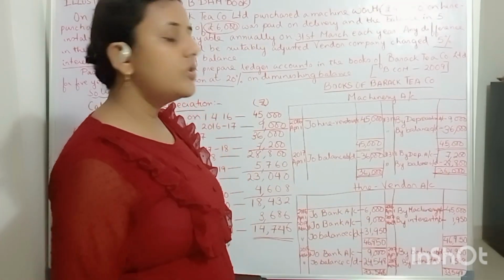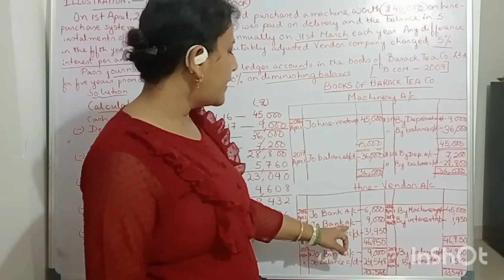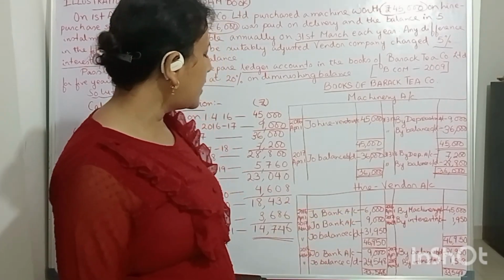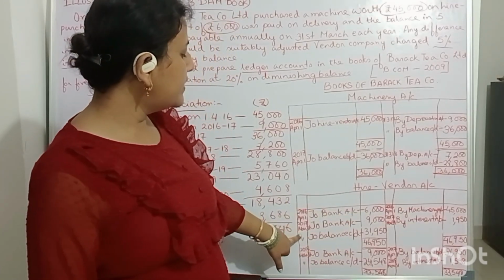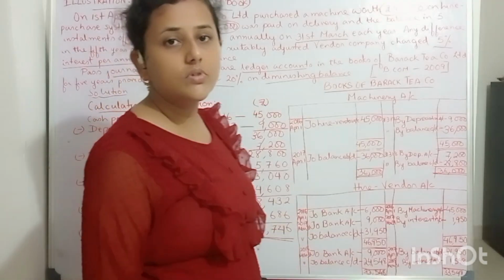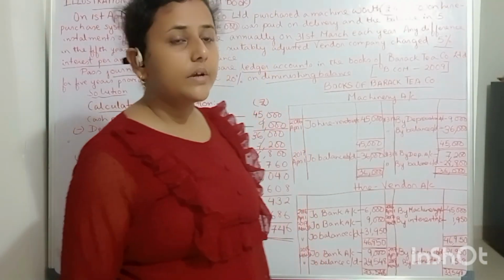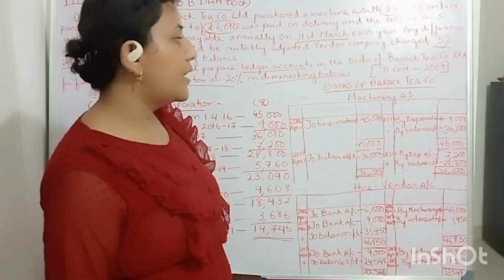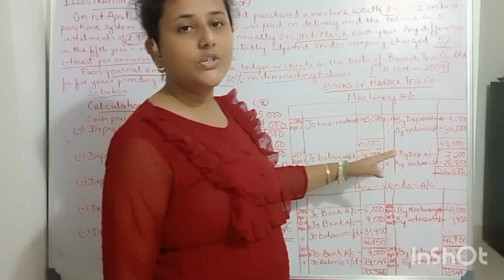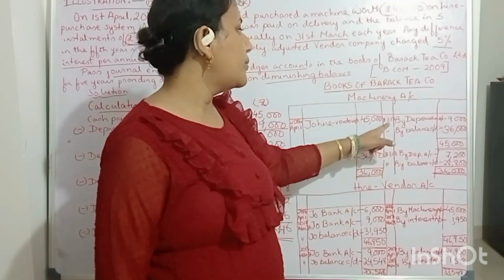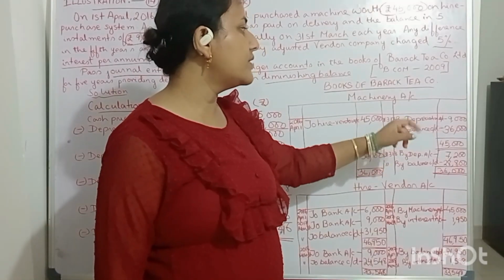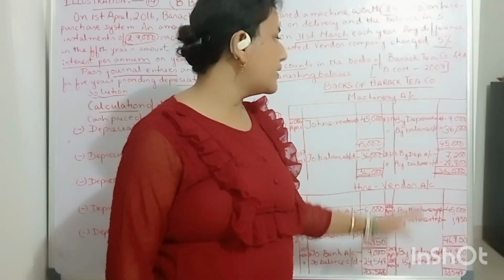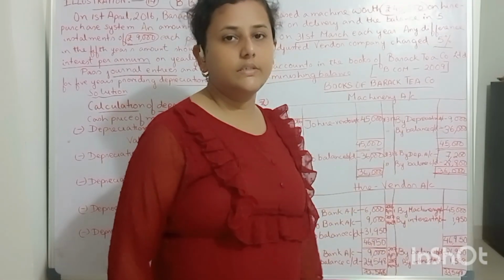Then for payment of installments to bank account, 9,000 is the amount, with year ending March 31st, 2017. Then charging of depreciation: depreciation account is debited to machinery account. It will be "By depreciation account", that is 9,000, dated 31st May 2017.